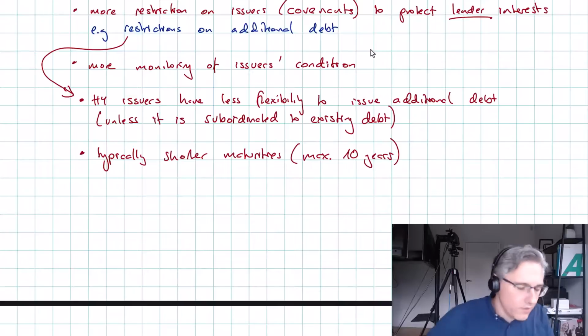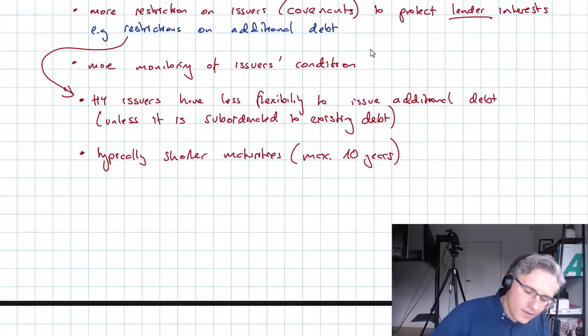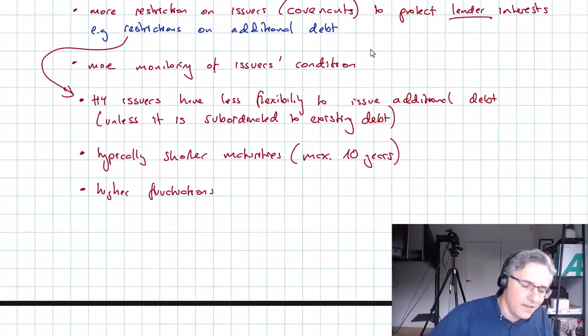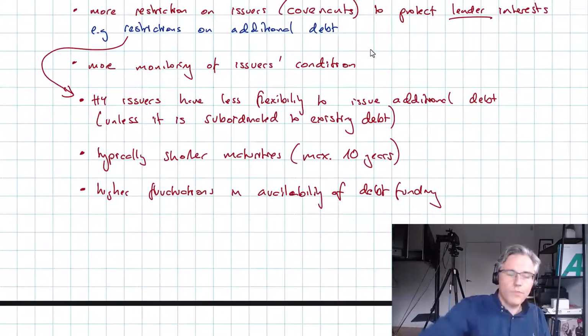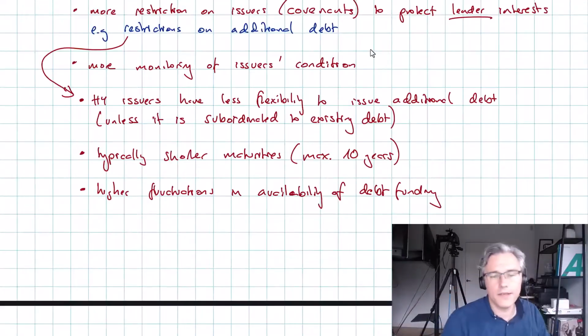We even said something like 30 years, and they're going to face a lot more fluctuations in the availability of debt funding that is made available to them. As conditions in the market fluctuate, credit spreads will fluctuate, making this form of borrowing prohibitively expensive at times even.